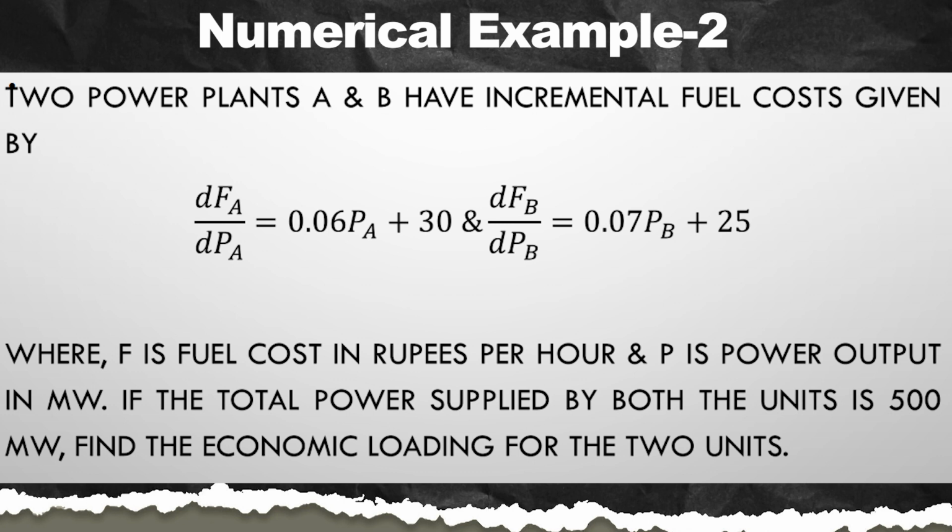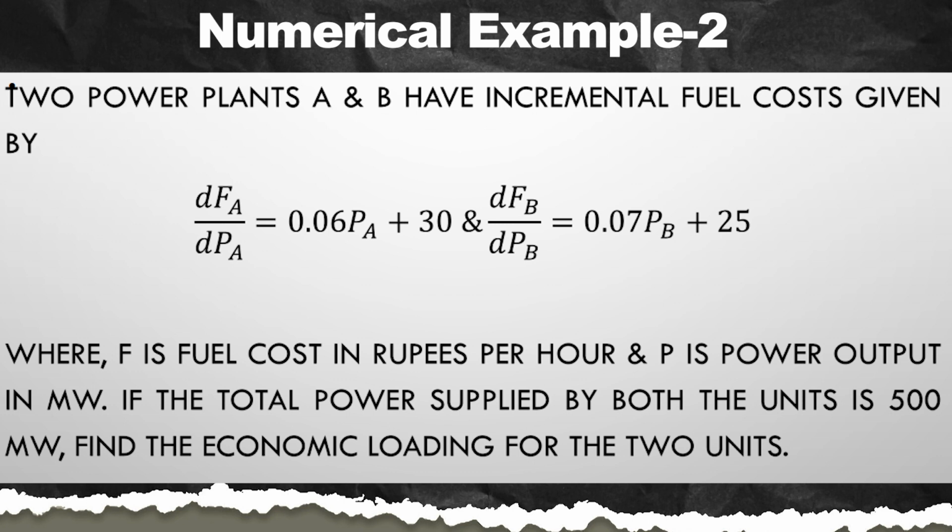If the total power supplied by both the units is 500 megawatt, find out the economical loading of the 2 units. So, now how can we start solving this problem using the economical load sharing principle?